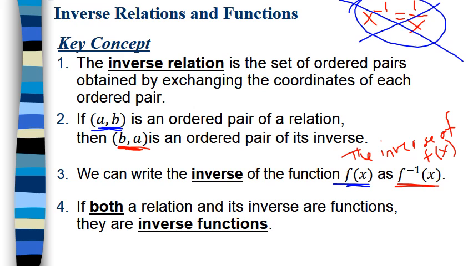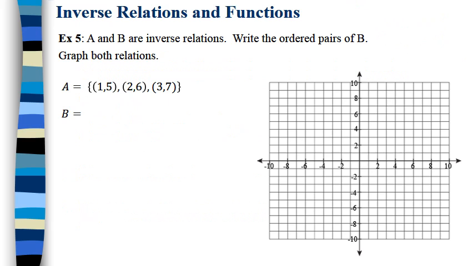If both the relation and its inverse are functions, then we can call them inverse functions. So we can only refer to them as inverse functions if both the relation and its inverse are functions. Okay, so very basic. If we know A is (1, 5), (2, 6), and (3, 7), then its inverse, B, is going to be the x and y pairs switched. So (5, 1), (6, 2), and (7, 3).